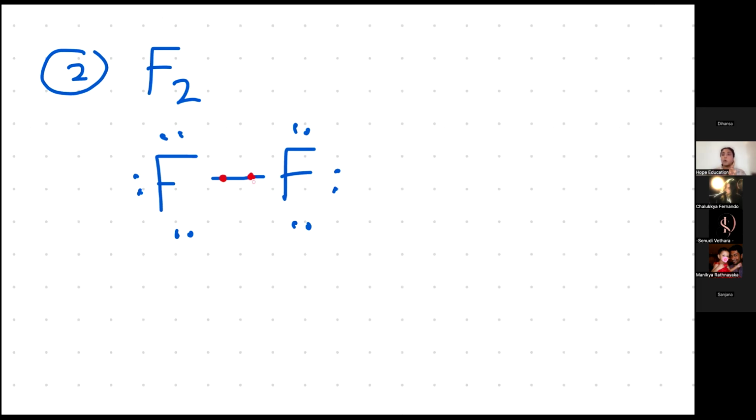Now, if you take fluorine and fluorine, which one has a higher electronegativity?